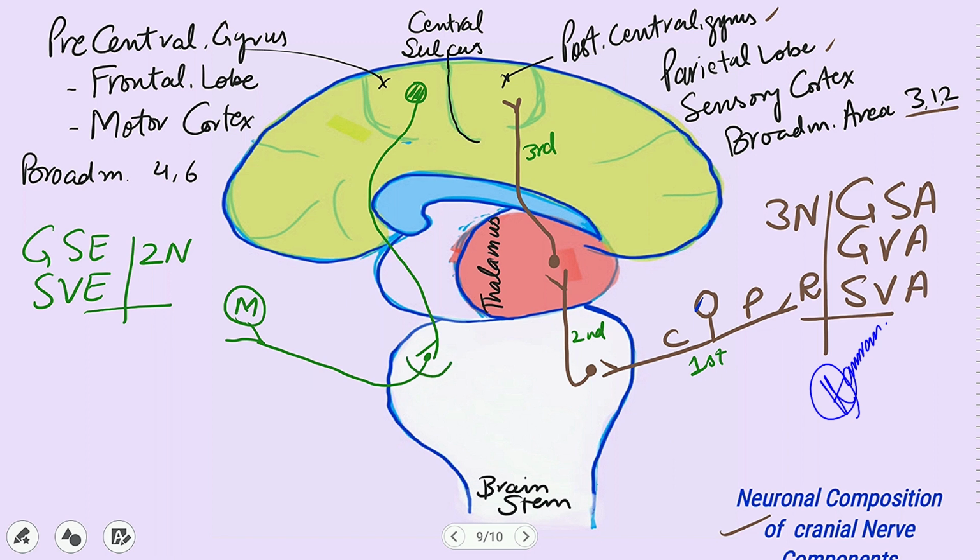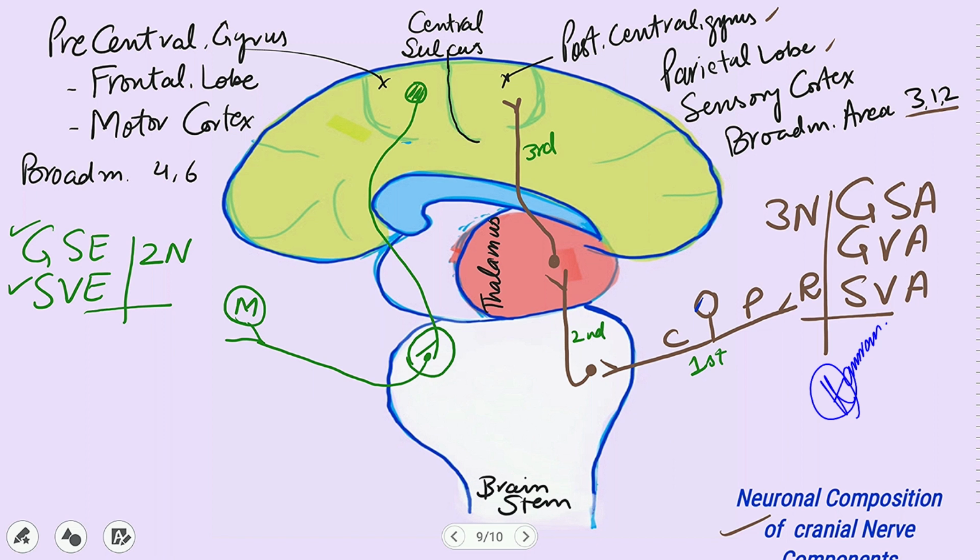The lower motor neuron cell body, you can see, is present in the brain stem, and this will be named as the nuclei, and this will be the motor nuclei of those nerves that deal with general somatic efferent and the special visceral efferent functions. I will explain shortly about those nerves. So this neuron will be labeled as the upper motor neuron, and this neuron that is the target will be labeled as the lower motor neuron.